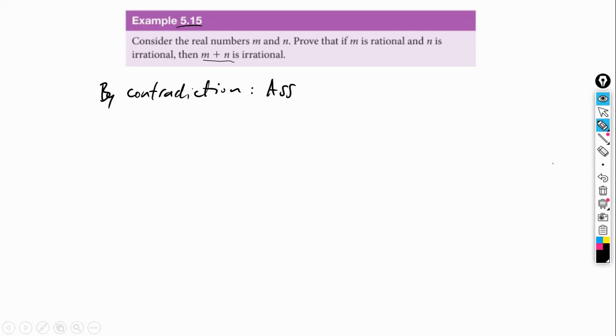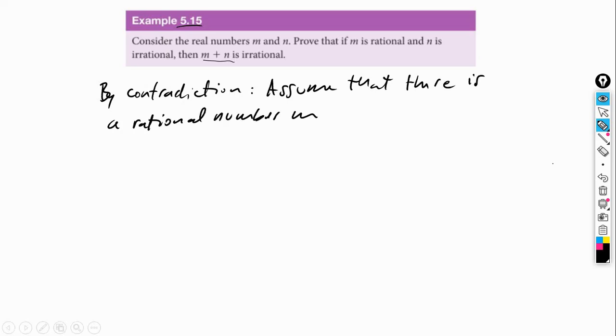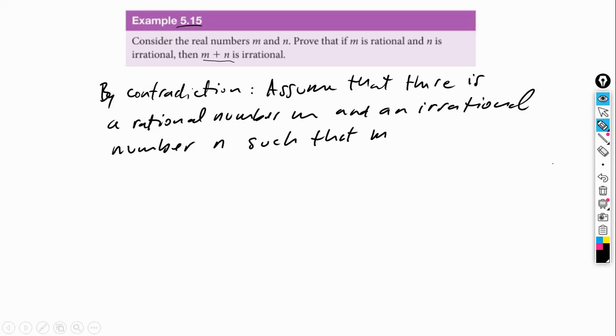You're going to assume that there is a rational number m and an irrational number n such that m plus n is rational.